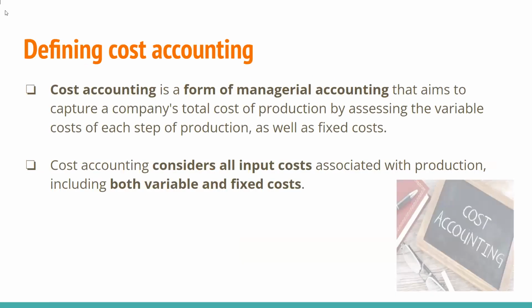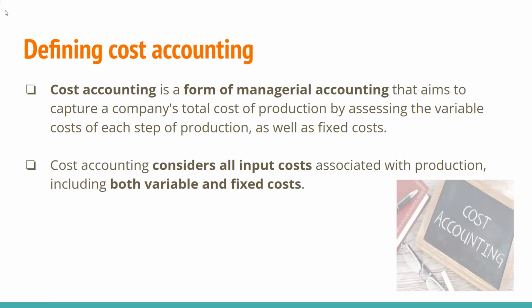Cost accounting now. Cost accounting is a form of managerial accounting, so it's like a subset of managerial accounting. The aim here is to help the company capture the total cost of production. As you will see as we continue, the cost of production involves different types of costs.